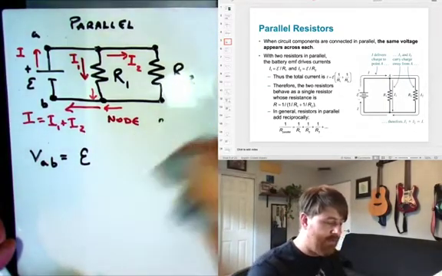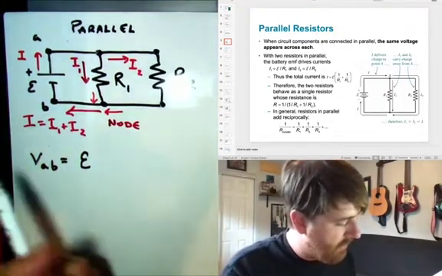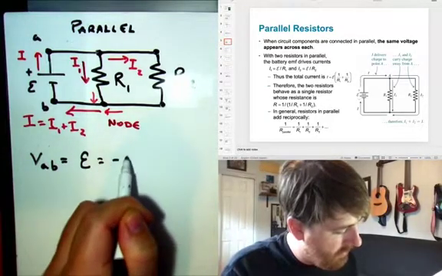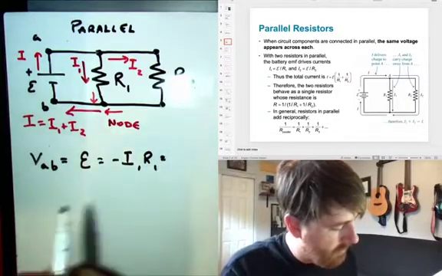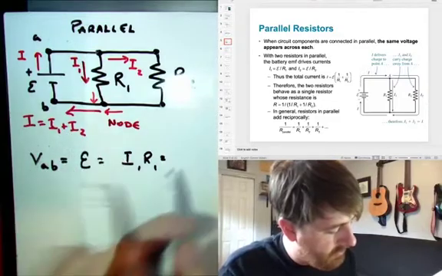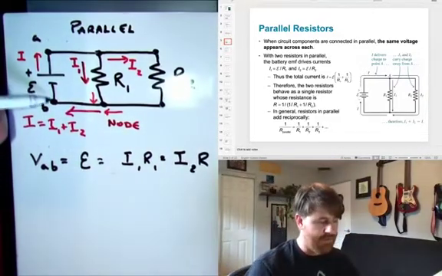Okay, so this potential across the battery is equal to minus I1 R1, which is equal to, well, let me just say I1 R1 is equal to I2 R2. The magnitude of the potential. Current will flow to lower potential.